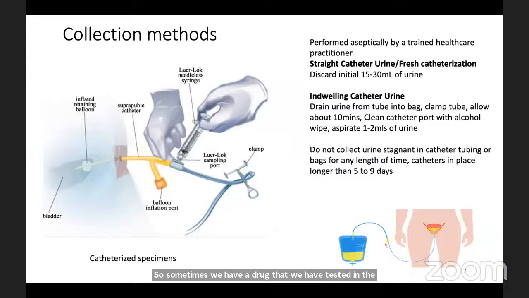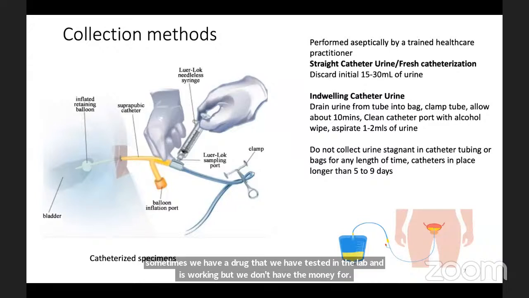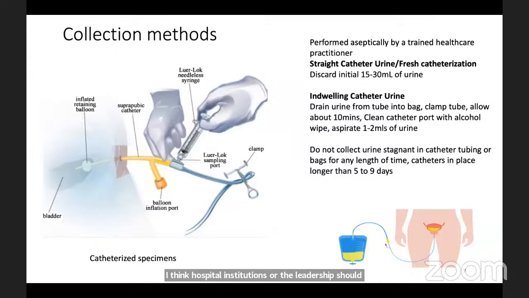I think hospital institutions or the leadership should make sure that when we are procuring some of these antibiotics and what we use in the pharmacy, we can really align and say, if I test for vancomycin, I can get vancomycin to treat my MRSA. Thank you. All right, thank you very much.